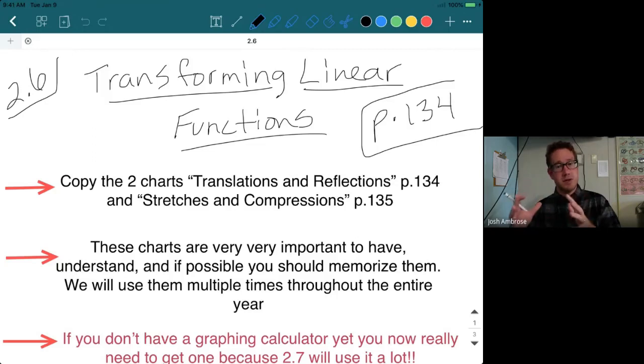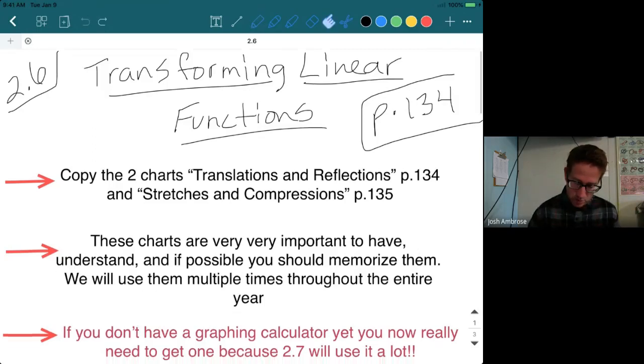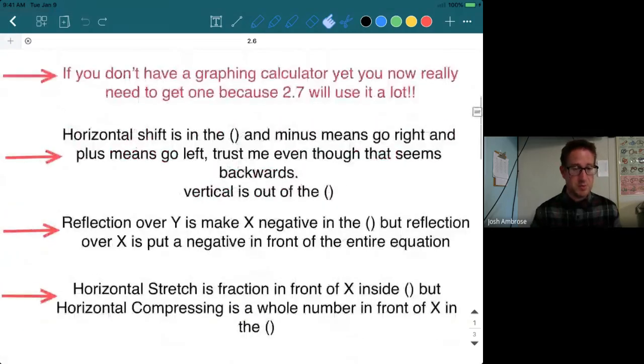And then they'll make a harder concept and they'll make you transform the graphs. So learn it now, make your life better later on. Now, as I wrote right there again, the charts are so important. Use this time wisely.